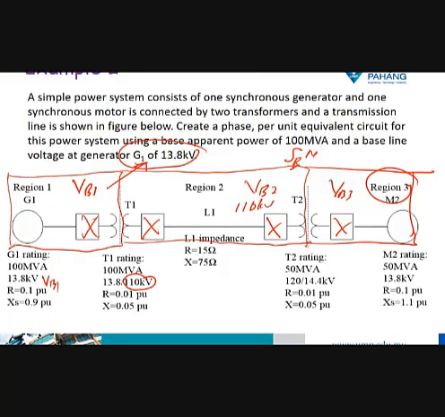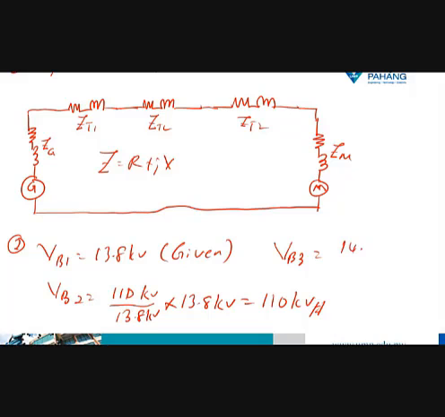So we have to calculate V base 3 over here at region 3. Based on these transformer ratings, 14.4 kV over 120 kV times V base 2. V base at region 2 is 110 kV.